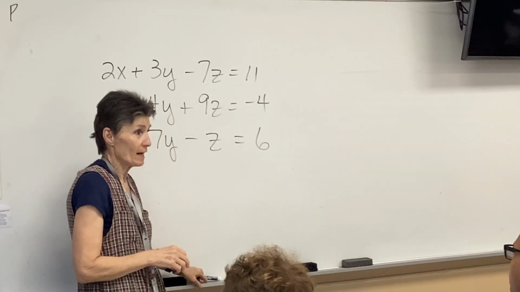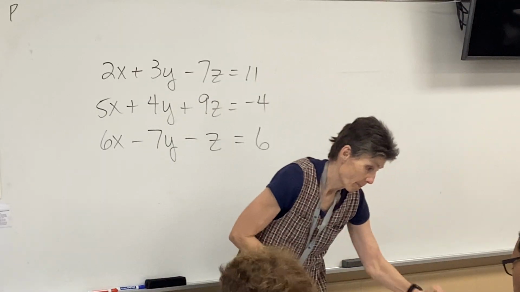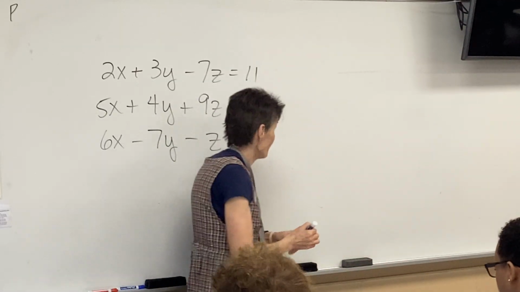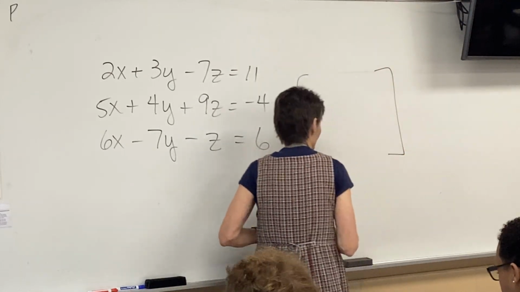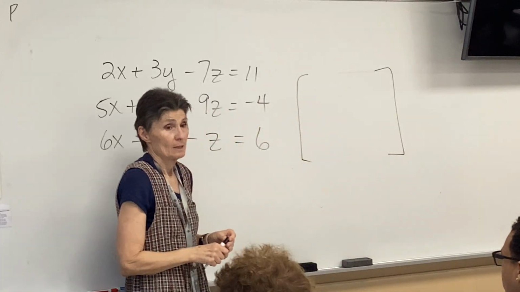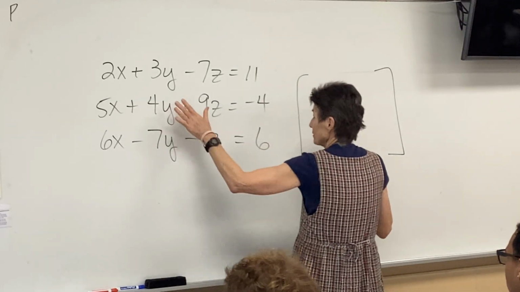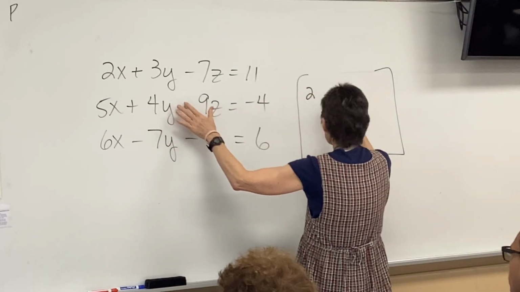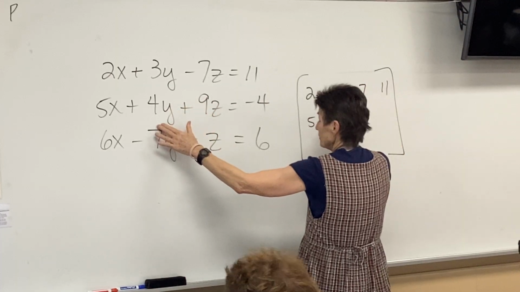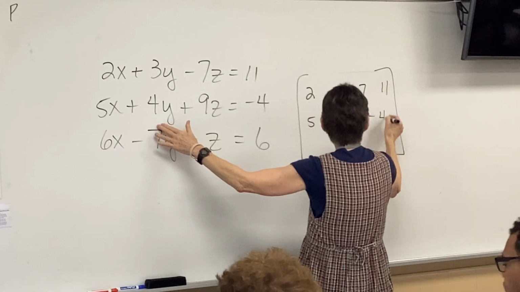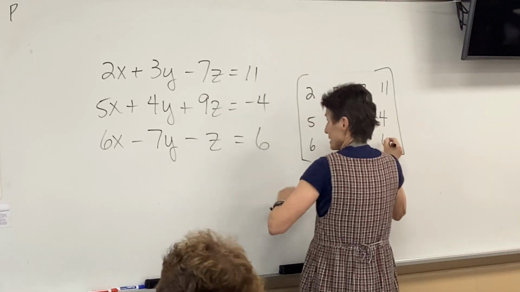Now we're gonna use our calculator to solve this. So remember, we have to write down the matrix that we're going to put into our calculator. So what matrix is gonna go into my calculator? 2, 3, -7, 11, 5, 4, 9, -4, and 6, -7, -1, 6.